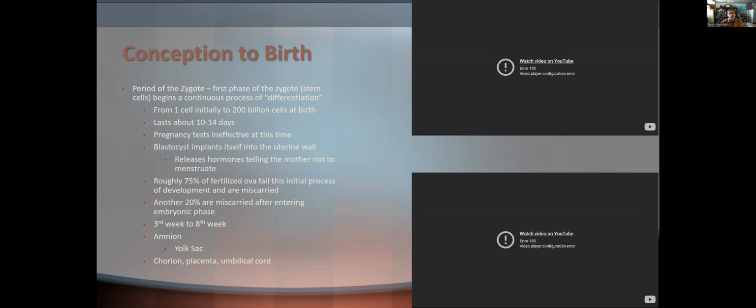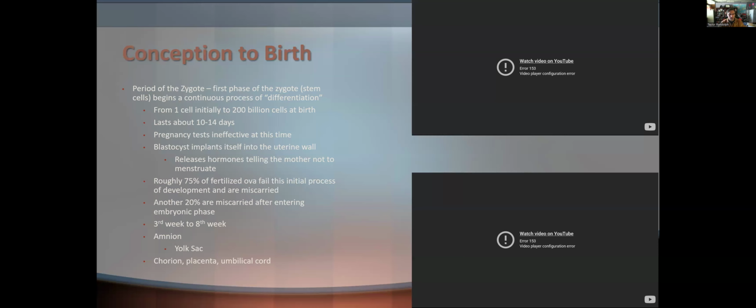So really, birth is not just a given. It's not a given that a zygote or blastocyst is going to make it to a period of being a human.